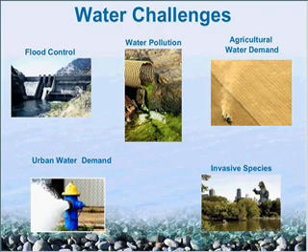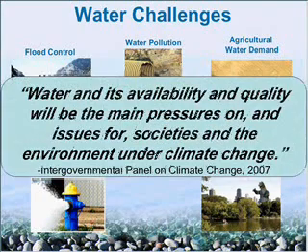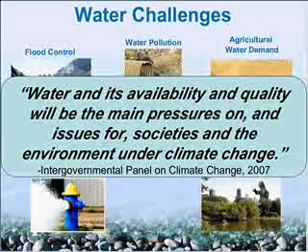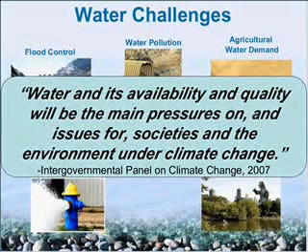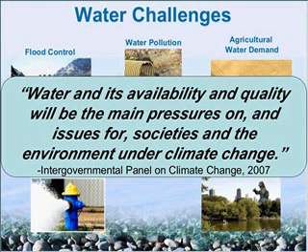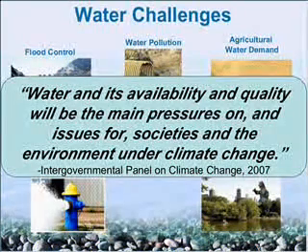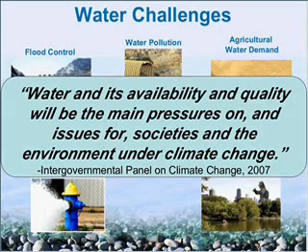And now, if these problems weren't enough, the IPCC's latest report says that water and its availability and quality will be the main pressures on and issues for societies and the environment under climate change. So many of these challenges that we're already facing with our water resources are going to be exacerbated due to climate change, which means that if we really want to address the climate issue, we really need to start figuring out how we deal with our water issues, both current and in the future.